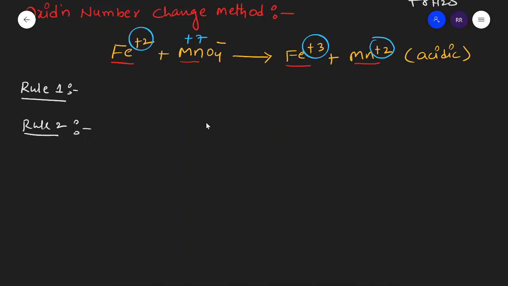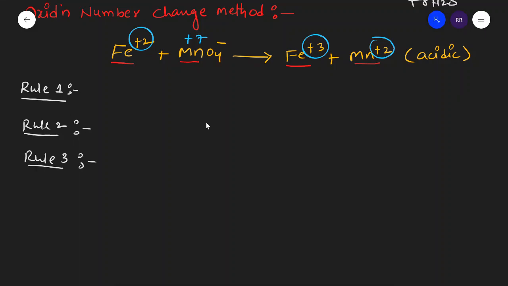So let me check at reactant side how many iron atoms we have. Only 1. And at product side 1. Hence they get balanced. At product side 1 Mn, at reactant side 1 Mn. So they got balanced. Here no need to multiply with any coefficient. Got it? Now rule number 3.